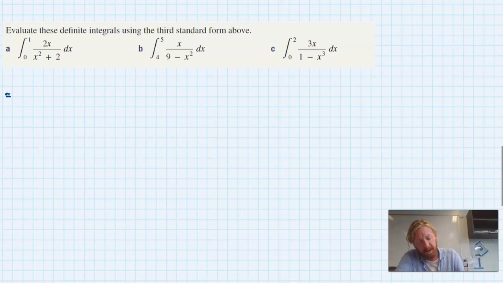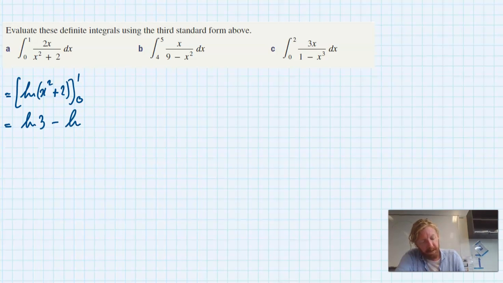But it says ln of x squared plus 2 from 0 to 1 equals ln 3 minus ln 2. And that'll do. Ln 3 on 2. Maybe. Whichever one you like. Maybe that second one.